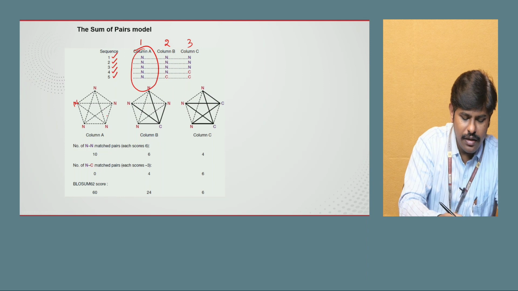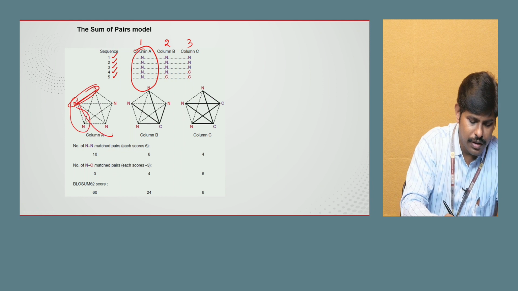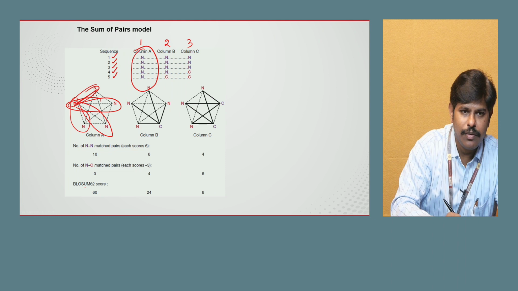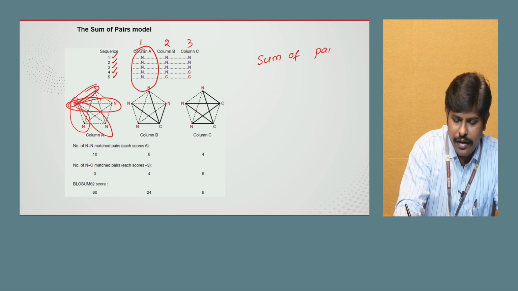Then I calculate the NN score, NN score, NN score and NN score. Then all these scores are summed up and I get a score called the sum of pair score.